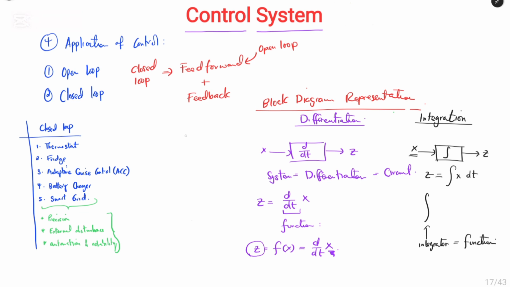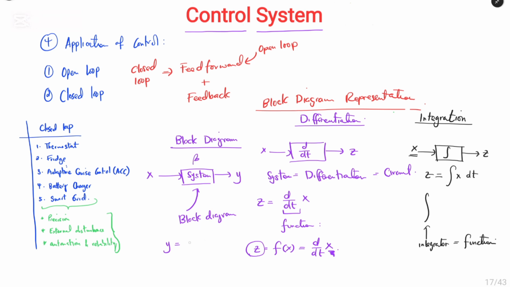And we can see that block diagrams play an important role in control systems. We have the system, and those systems can be represented by block diagrams. We have the output of the system, let's say y, and the input to the system, x. So y is always equal to the system gain of this block diagram.